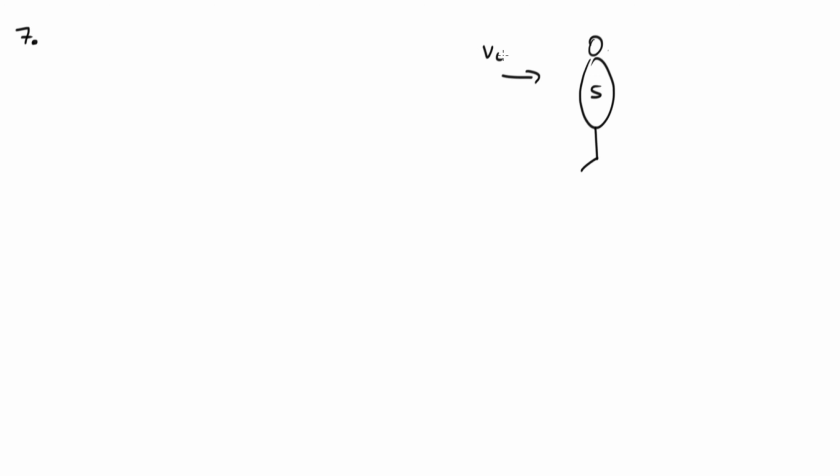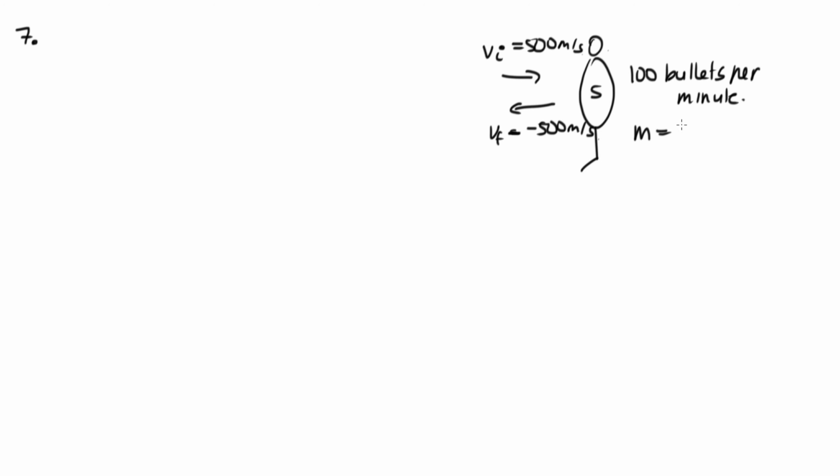These bullets have an initial speed of 500 meters per second, and then they rebound off him with the same speed but in the opposite direction, 500 meters per second, and there's 100 bullets per minute, and the mass of the bullet is equal to 3 grams, which is 3 times 10 to the minus 3 kilograms. So what we're asked is, what's the average force on Superman?